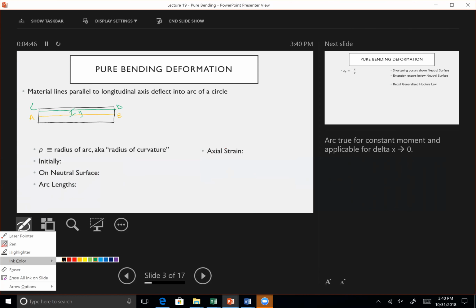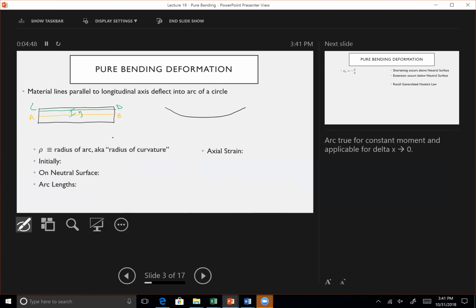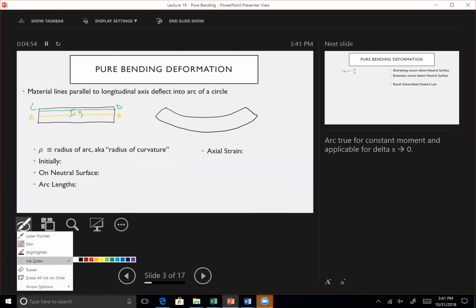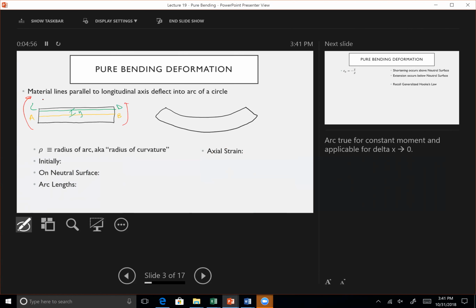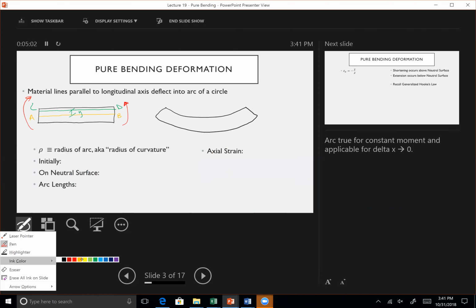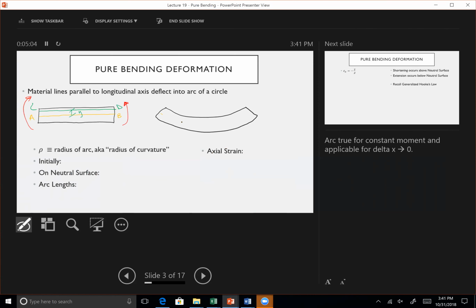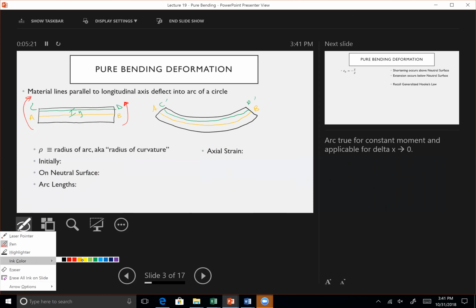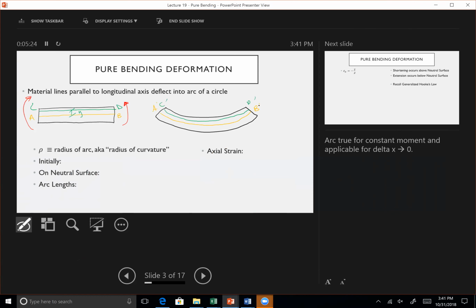When this bends due to pure moment, so we apply a moment to either end, AB has the same distance, but now CD is going to span a shorter distance, and we'll call these C prime, D prime, A prime, B prime.